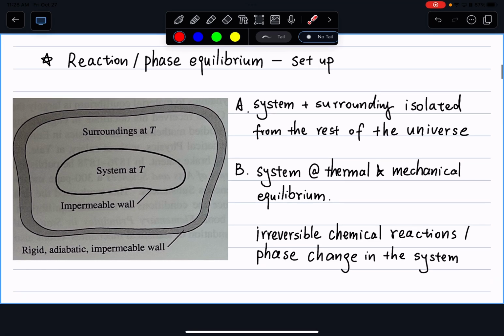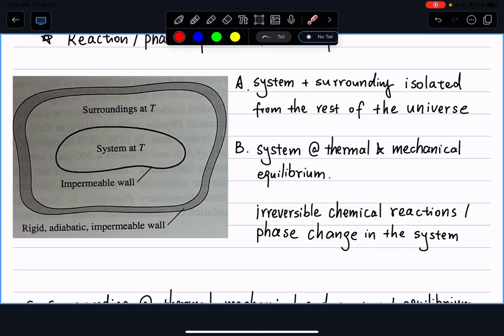Then, within the system, we have irreversible chemical reactions or phase changes. And the system and surrounding are separated by an impermeable wall, which basically means heat can go in and out between your system and surrounding, but there is no material exchange.